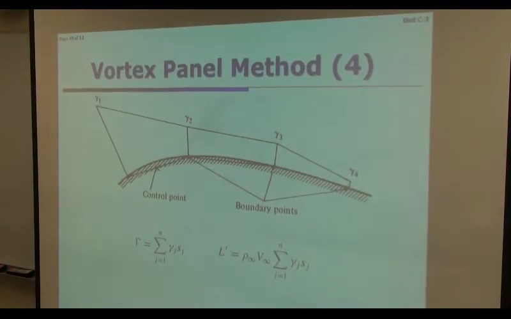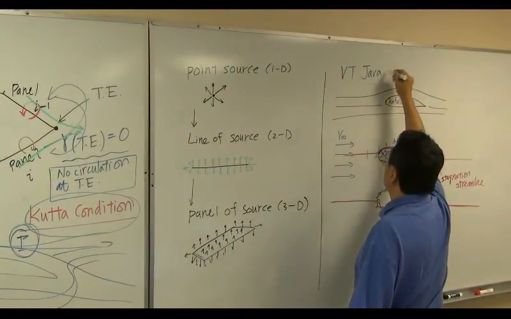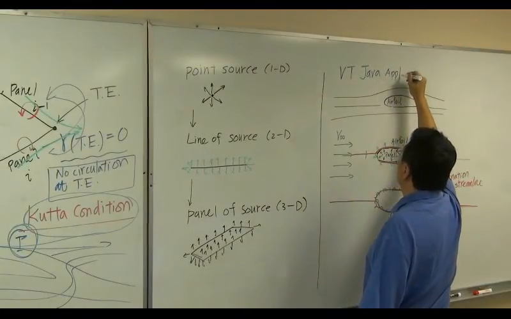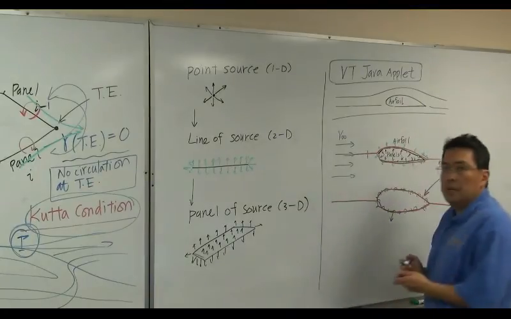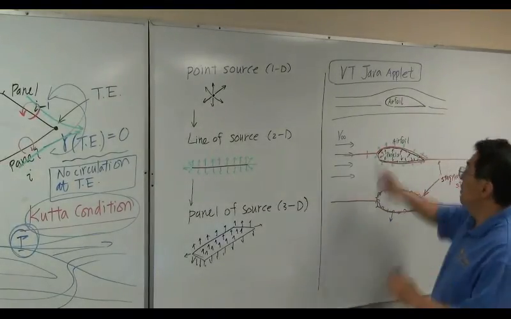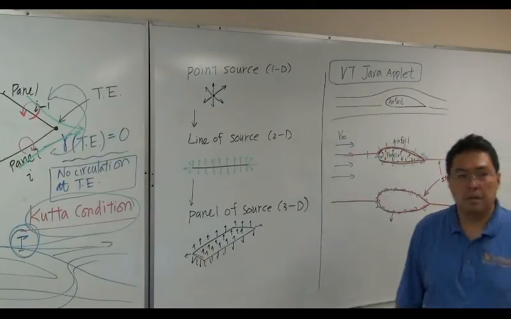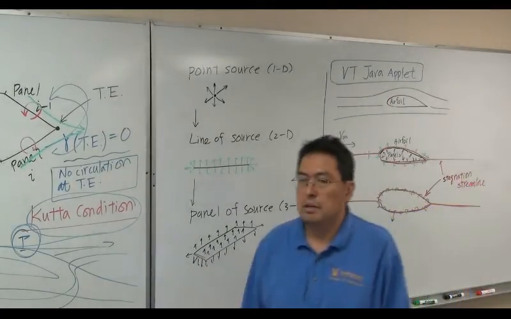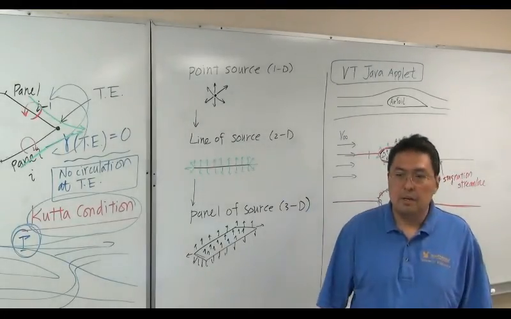Now, the vortex panel code we're going to employ is the Virginia Tech JavaScript. The reason why I'm using it is because when I was a graduate student at Virginia Tech, I was involved with this JavaScript quite a bit, so I'm familiar with it.